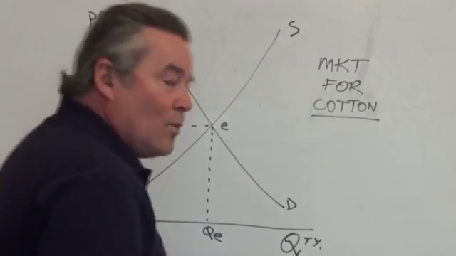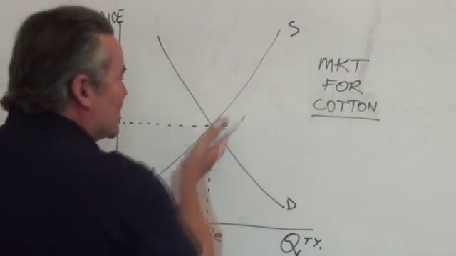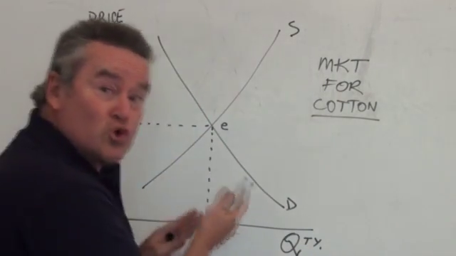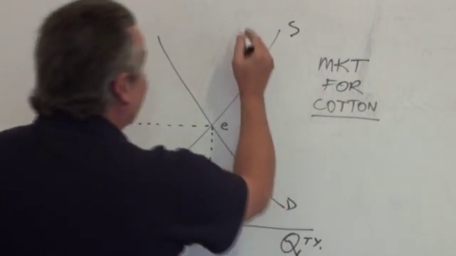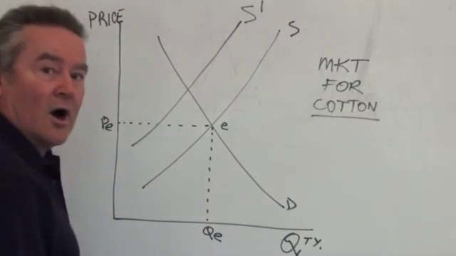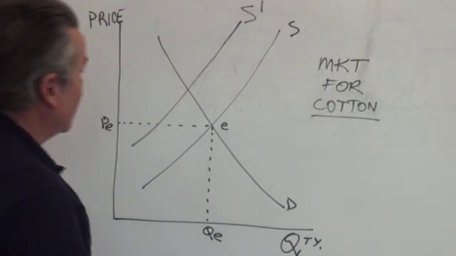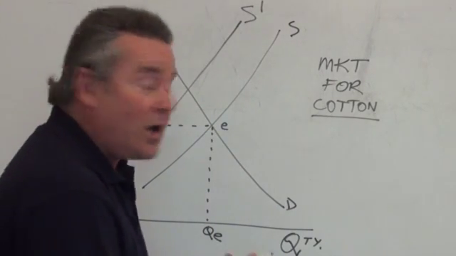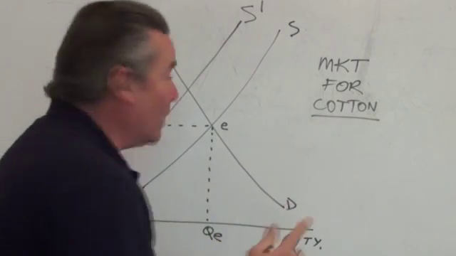So what I'm suggesting is that if this supply curve was more truly reflective of all of the costs, then it would actually be higher up, or to the left if you like, to reflect the fact that costs are higher. It's now embodying all of the costs.